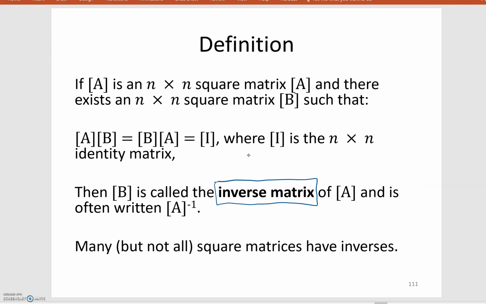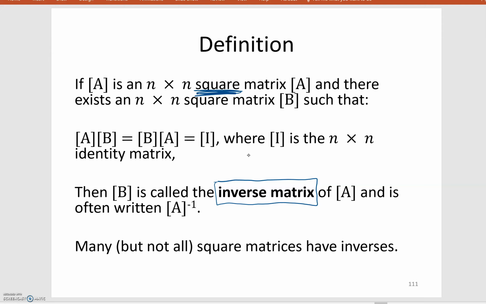So a few more details about this. Our initial matrix has got to be square. So it has to be a square matrix. We're not going to talk about identities for non-square matrices.